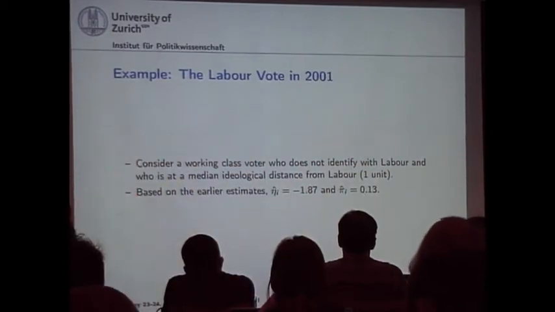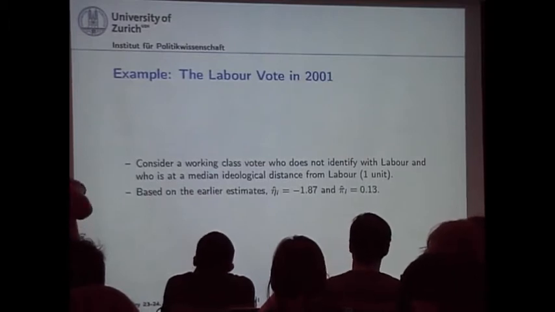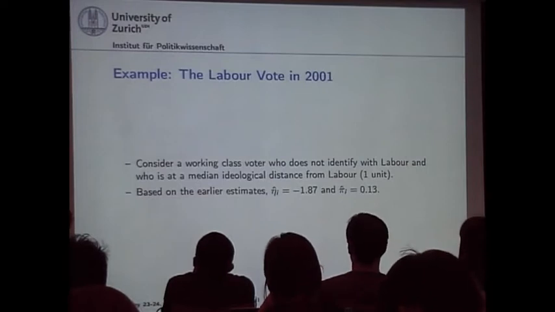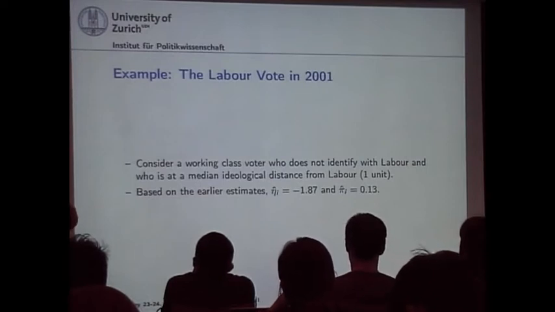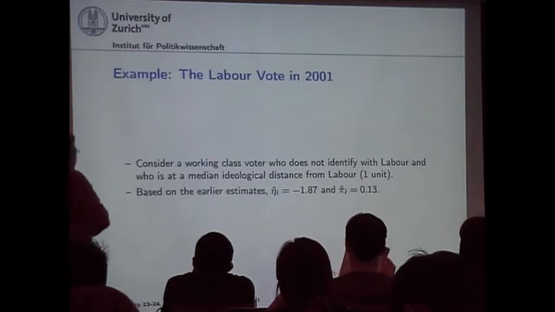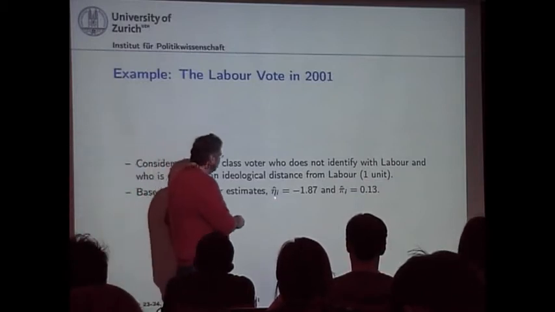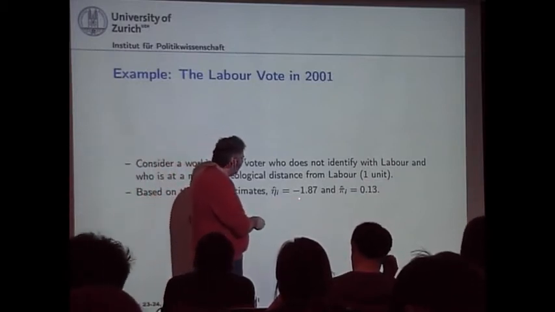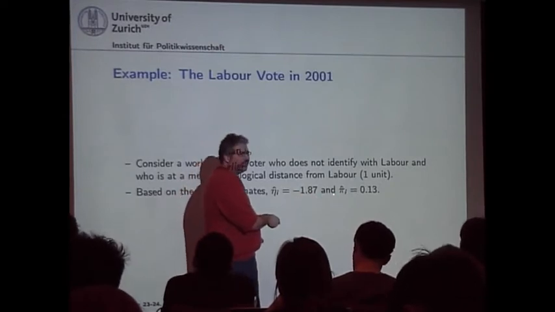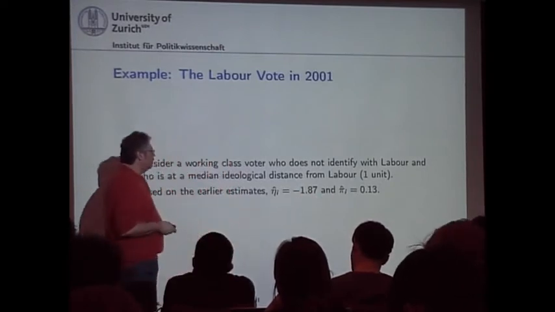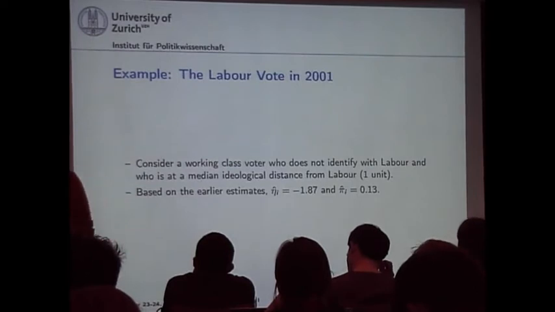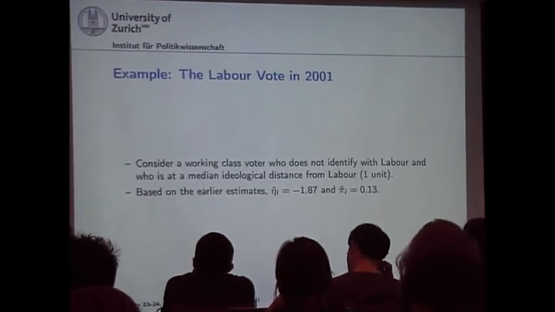Consider a working class voter who does not identify with labor and who's at the median ideological distance from labor, which happens to be 1 unit in 2001. Then for that individual, the linear predictor is -1.87, and the predicted probability of voting for labor is 0.13.